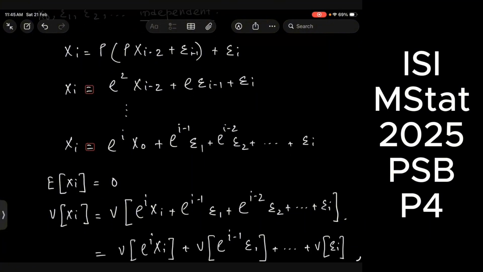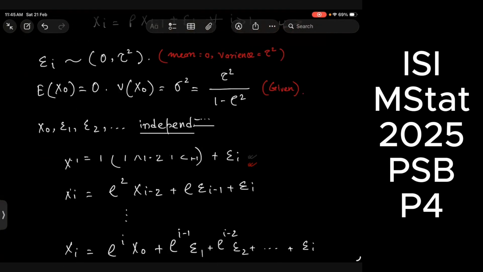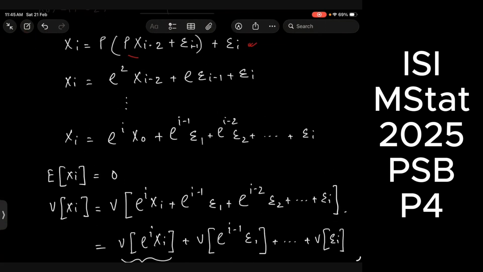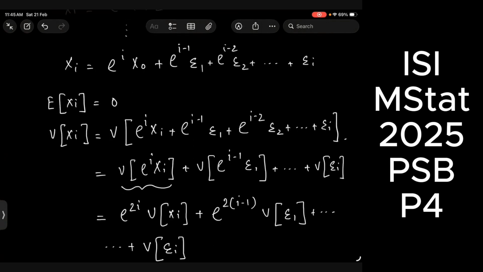So now we can write xi like this, and then we further break this xi minus 1 with the same relation, and like that we can take down this xi in terms of x naught, epsilon 1, epsilon 2, and likewise epsilon i.